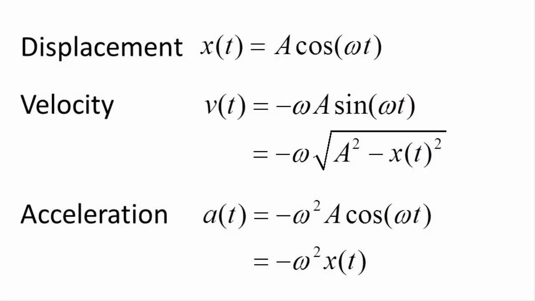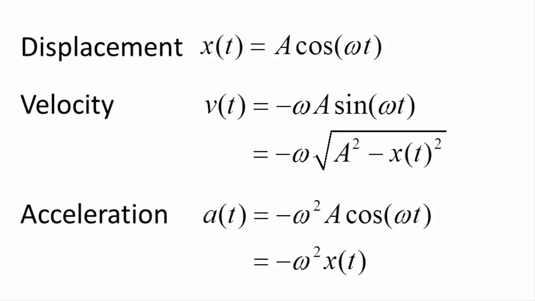The displacement, velocity, and acceleration of the oscillation can be described by trigonometric means because of its periodic motion. When displacement is described by a cosine function, then velocity is given by its derivative, which is a sine function. Acceleration is the derivative of velocity, so is described by a cosine function.